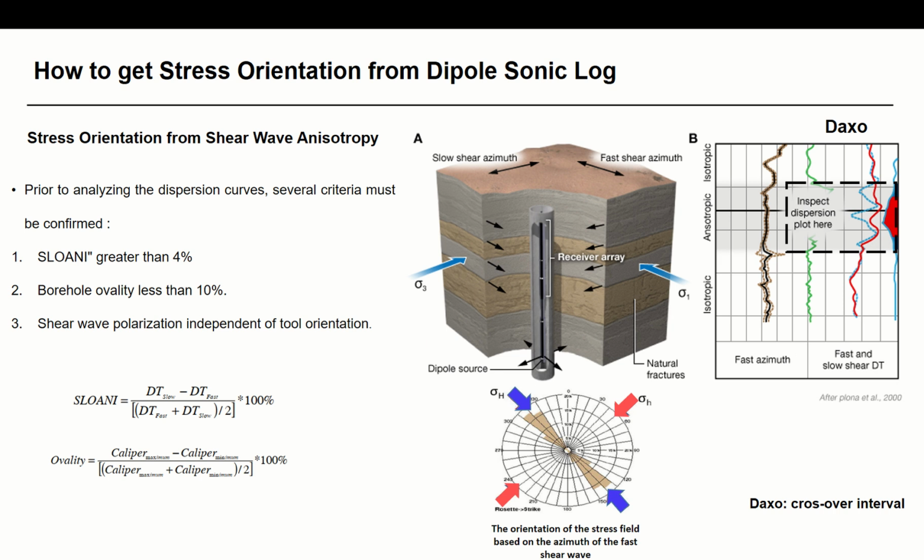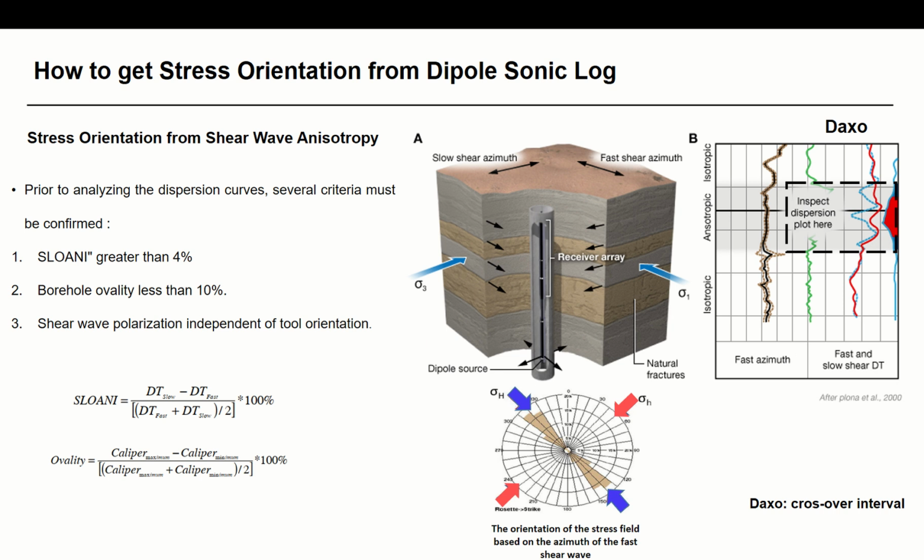It is an index to quantify the degree of shear wave anisotropy. In other words, it means that the fast and slow shear waves are not in the same direction. And this slowness anisotropy should be calculated only within intervals that exhibit anisotropic behavior.